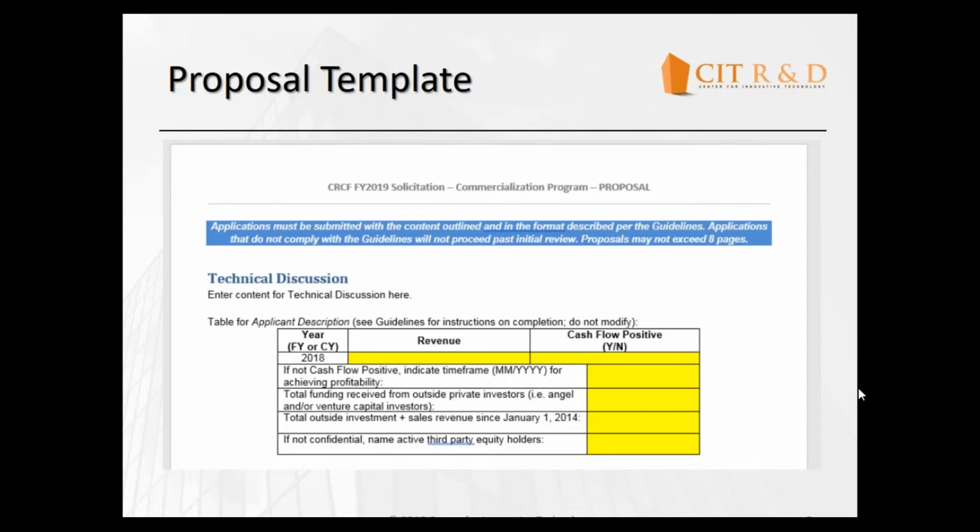All proposals have several sections, including a technical discussion and a section addressing the strategic plan. For SBIR and STTR applicants, there's also a standalone section addressing the commercialization plan. The private sector programs all include the financial table, which must be filled out by the applicant.